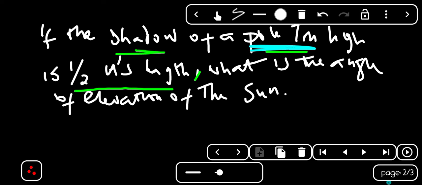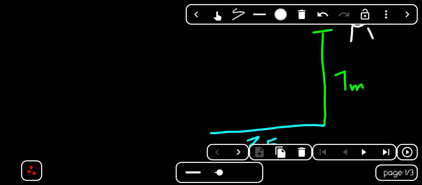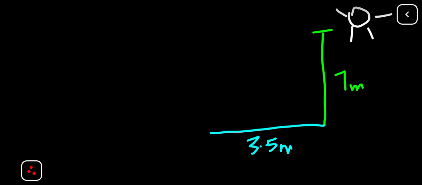The angle of elevation of the sun. So from the ground to the sun, that is the angle of elevation. So we talked about that angle of elevation is from the ground looking up. So from this point to the sun is the angle of elevation.